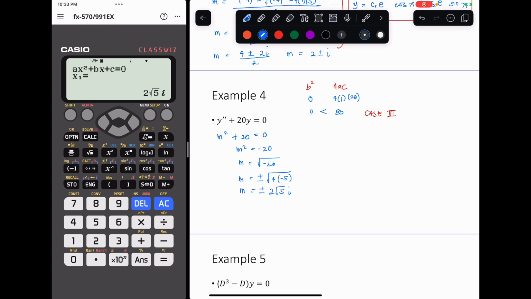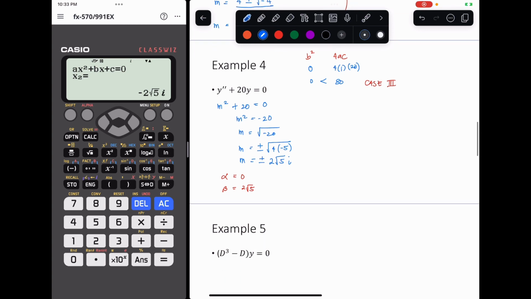So we have m sub 1 would be 2 square root of 5 i, and m sub 2 is the negative. So from here, we only have the imaginary part of the complex number. So that means our alpha is 0. And then our beta is equal to 2 square root of 5.